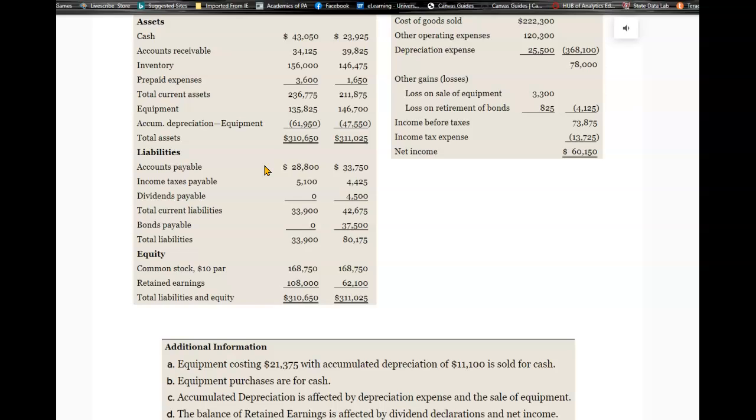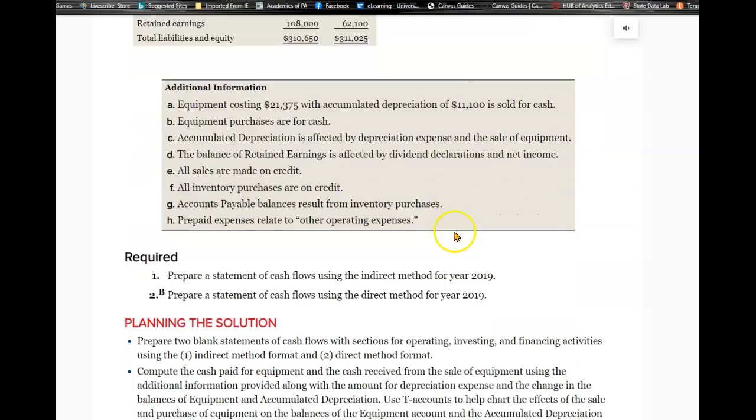And finally, we had an increase in income taxes payable, and we added that figure in for $675. So if we net all those figures, we come up with net cash provided by operations of $79,725.